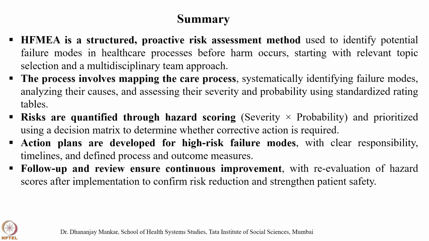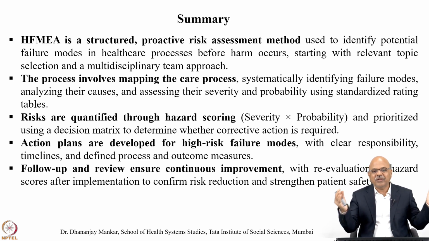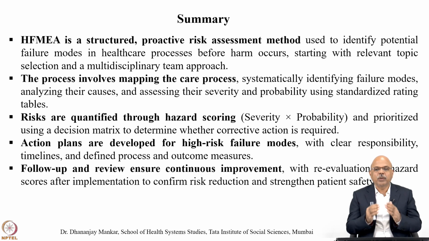So, in summary of this chapter on HFMEA, it is a structured, proactive risk assessment method which identifies potential failures in healthcare processes in the hospital before harm occurs. Start with the relevant topic, and a multidisciplinary team should be selected. The process involves mapping the process, systematically identifying the failures, analyzing the causes, and assessing their severity and probability using the standardized rating tables.